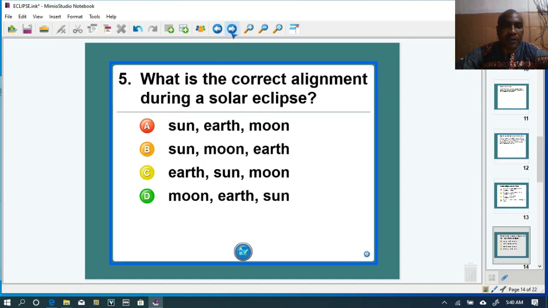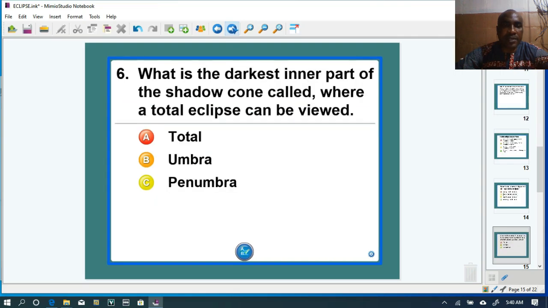Question number 5. What is the correct alignment during a solar eclipse? The correct option is option B. Sun, moon, and earth align. Question number 6. What is the darkest inner part of the shadow cone called, where a total eclipse can be viewed?